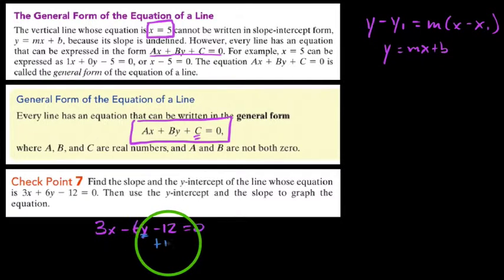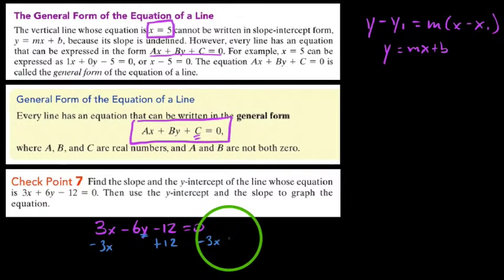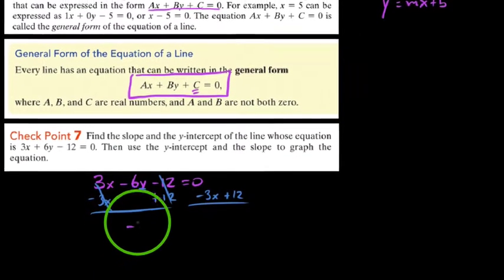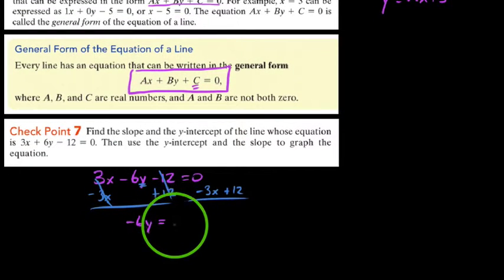So I'm going to add the 12 to the other side and subtract 3x from each side. These cancel on the left, and we're left with negative 6y equals negative 3x plus 12. Our final step will be to divide everything by this negative 6.